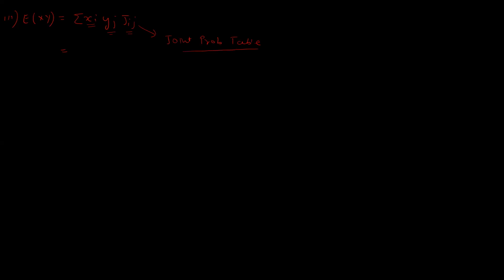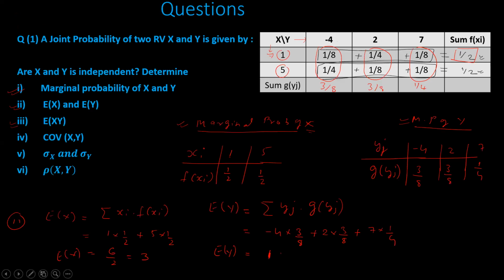So let us quickly go back to the joint probability table and see what we have. I will just rub the remaining portions. Summation values, I will just keep it. All right. So this is xi, meaning x1, x2, and this is y1, y2, and y3.